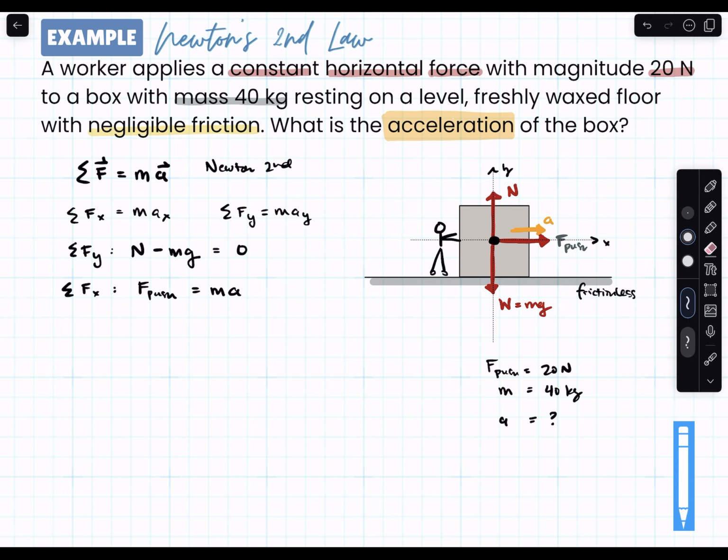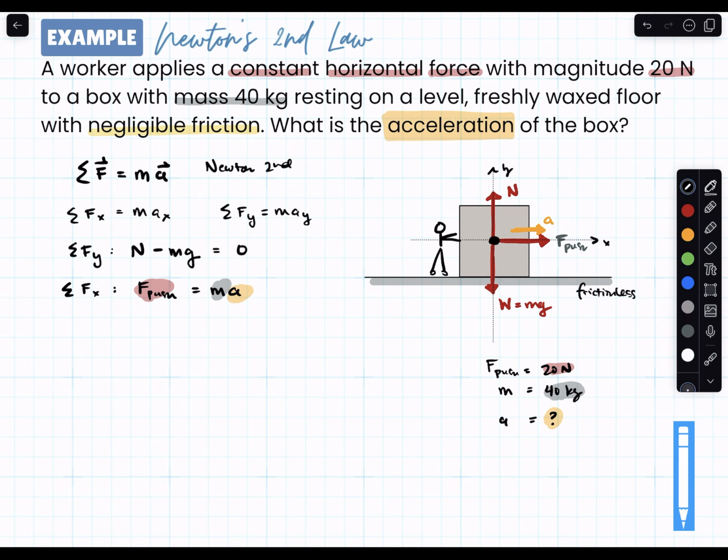So now we have two equations, but we only really need this one because we know what F push is, and we know what the mass is, right? And we're looking for acceleration. And so we're pretty much ready to go on this problem.